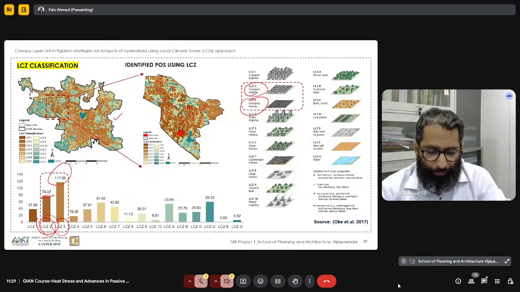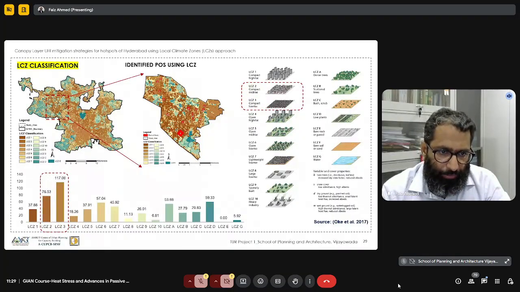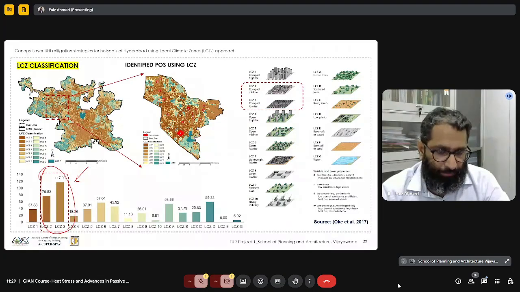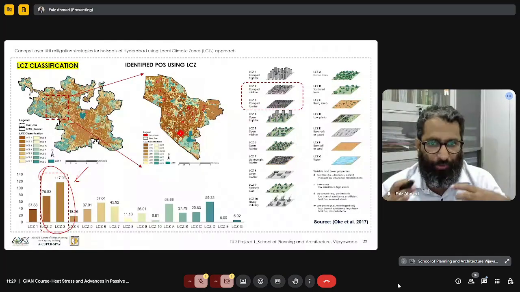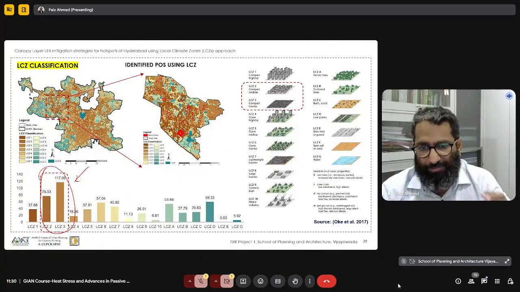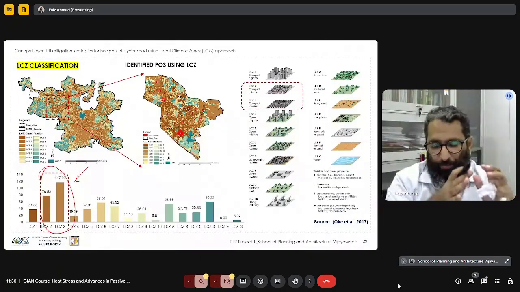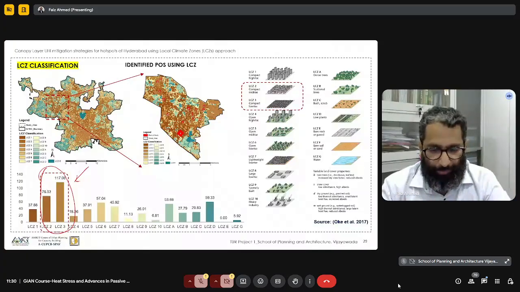So if we are able to come out with strategies for these, which form a major portion of the city, we are addressing a major part of the city fabric.